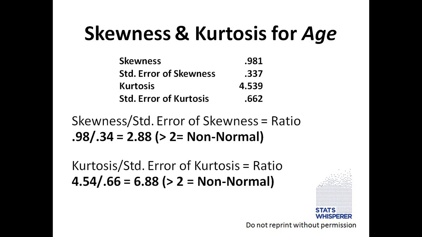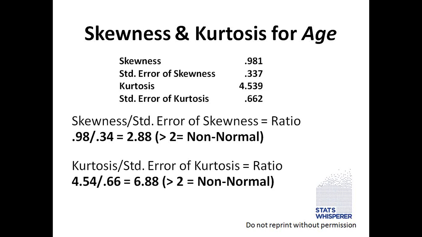So if you're saying the skewness can't be twice the standard error, then this is not normal. The same with the kurtosis. Right? So you got your kurtosis, which you rounded to 4.54 over 0.66, and it's 6.88, which is very non-normal, right?